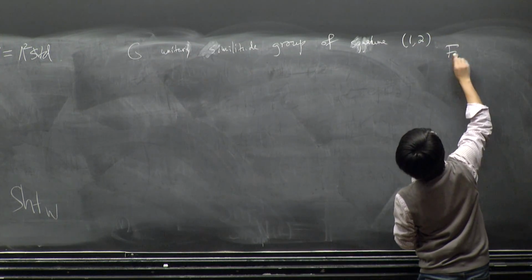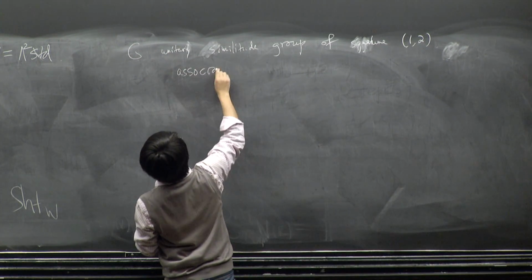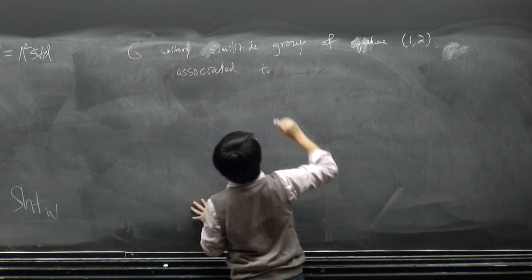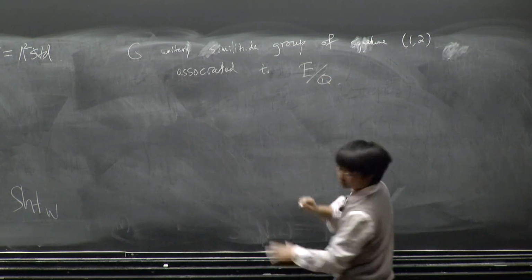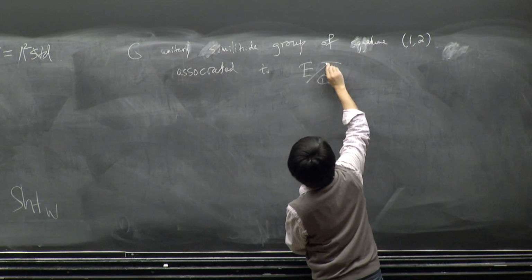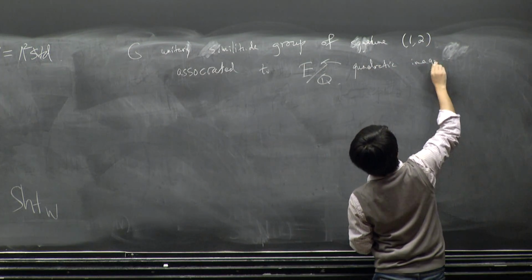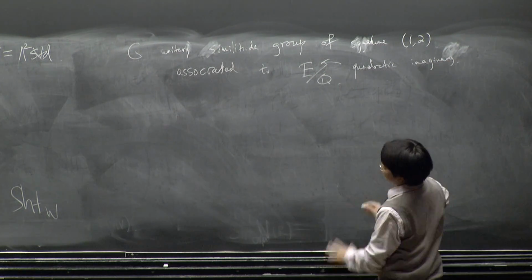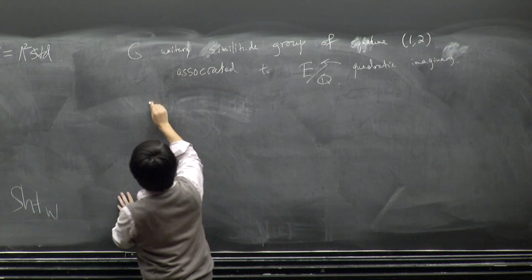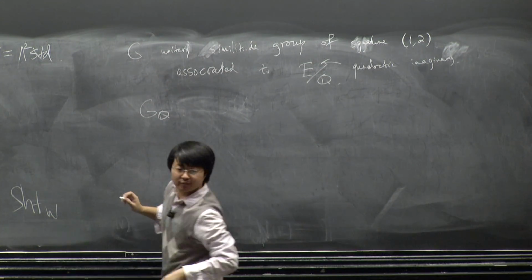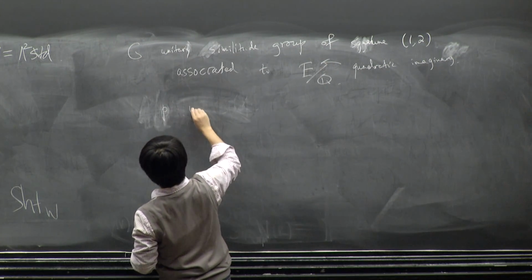Associate to some E over F, quadratic imaginary. So then, after choosing the appropriate level structure, what I want at Q_p is just that one, and p is an unramified prime.